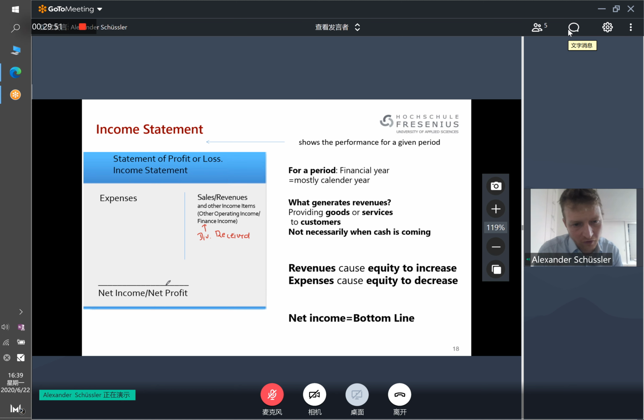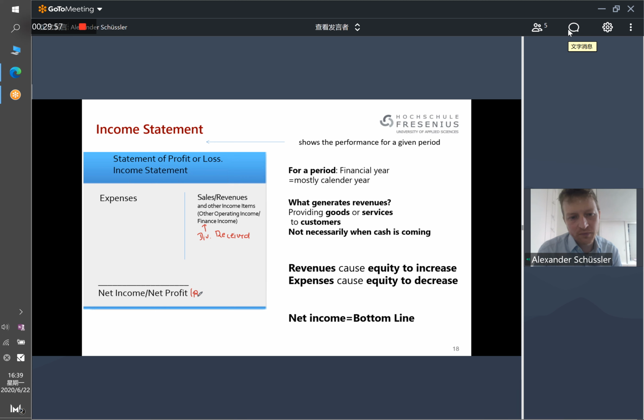The net income or net profit is also often called the bottom line, because it is the last line of the income statement. Sometimes it's called the bottom line.